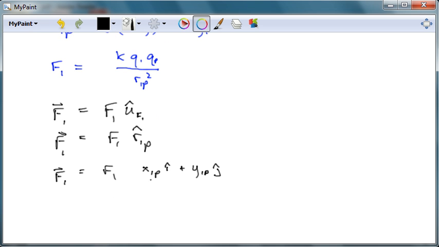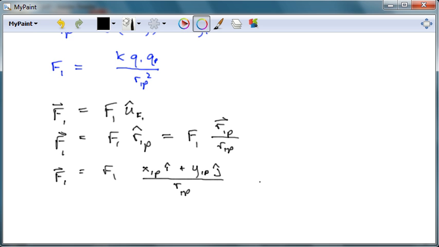This will be divided by, I'm using a substitution method, let's make it just a little bit more obvious. That's R1P vector divided by R1P magnitude. So this is R1P.